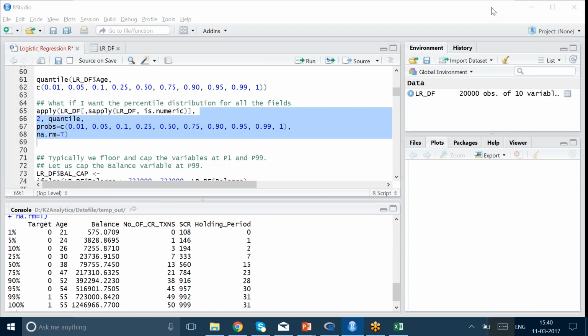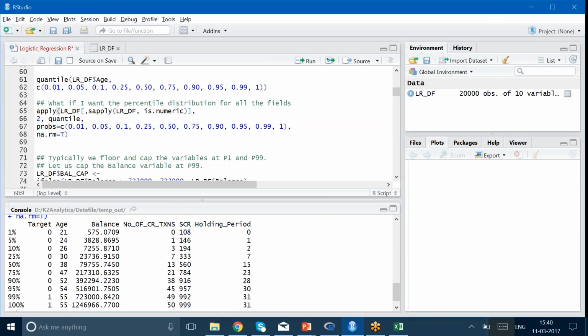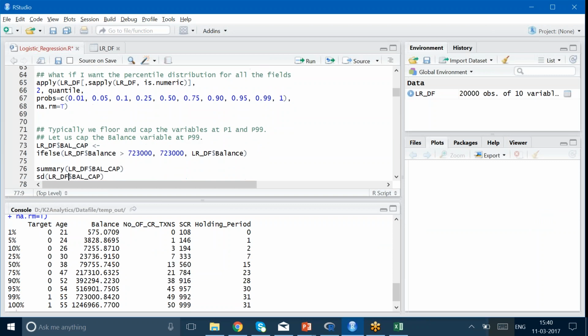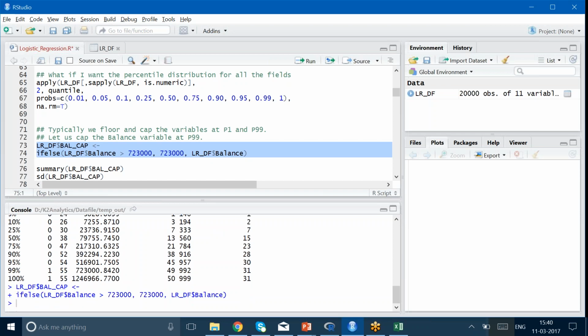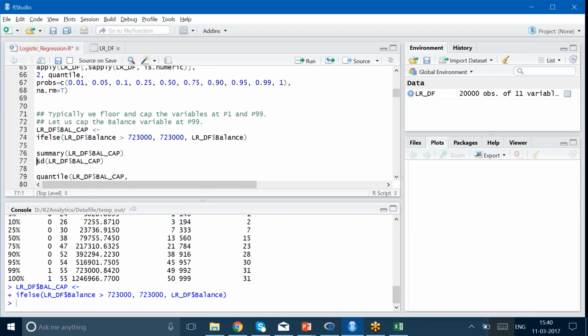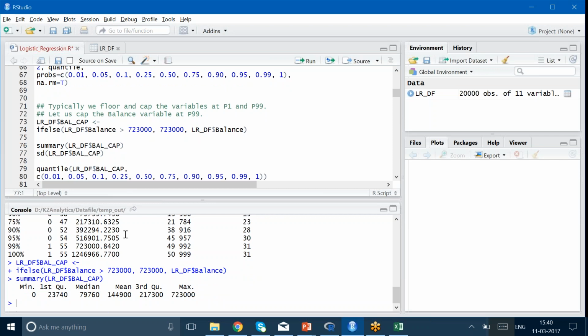By seeing the percentile distributions, we come to a conclusion that balance may be an outlier variable and it may require capping. As such, I'm doing the capping of balance. So this is an if-else syntax. If I just do a summary of balance, I can see now that the maximum is restricted to 7,23,000.